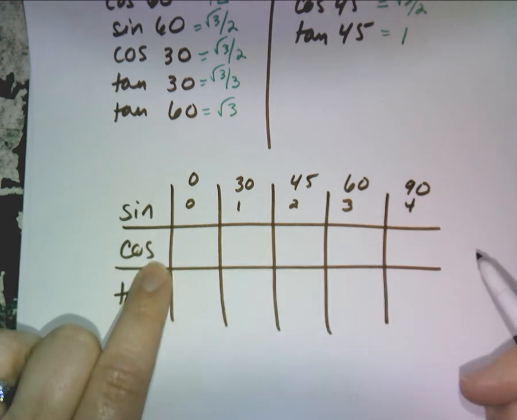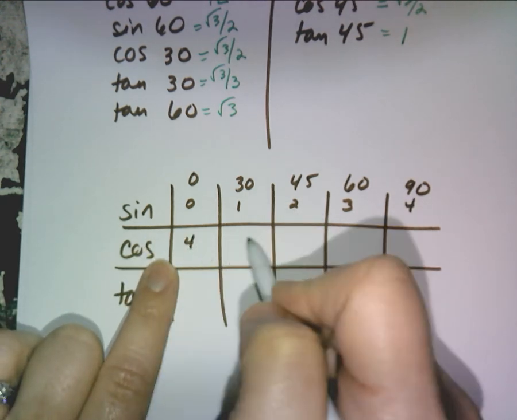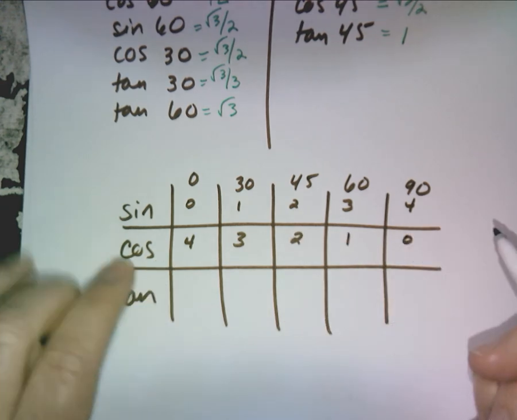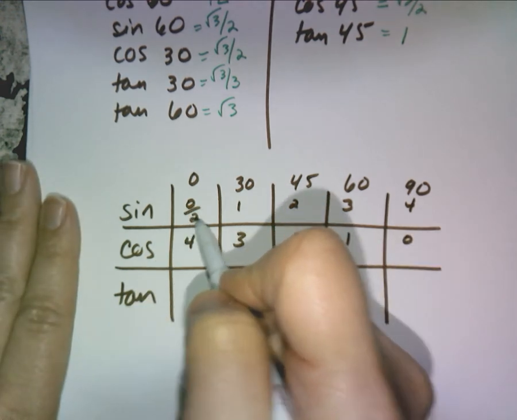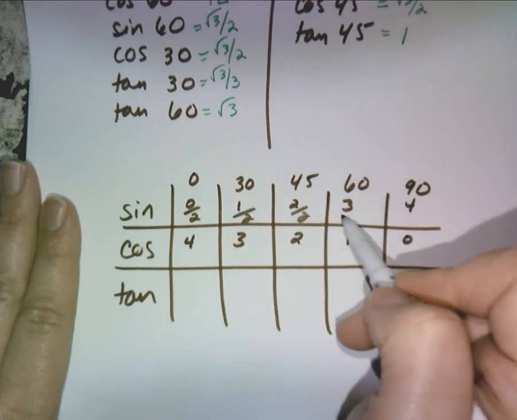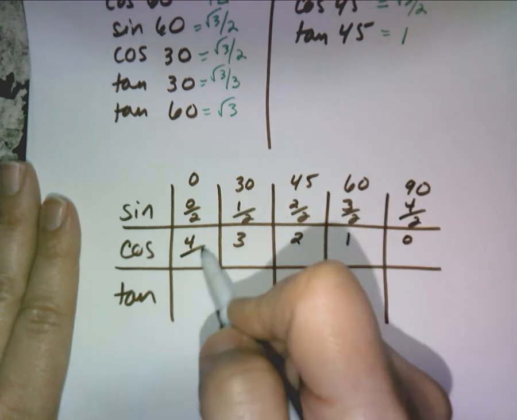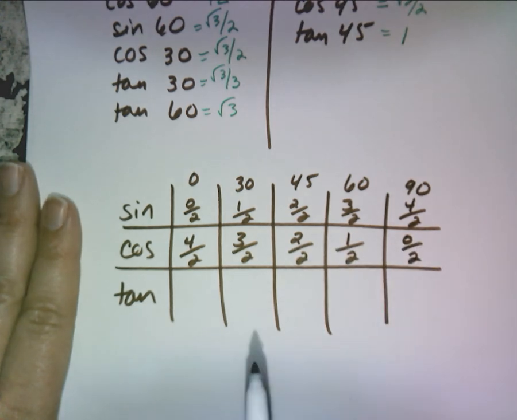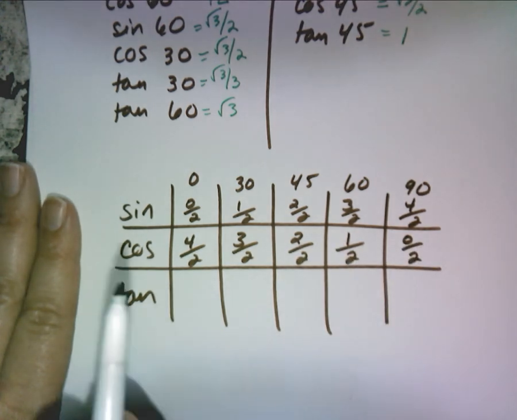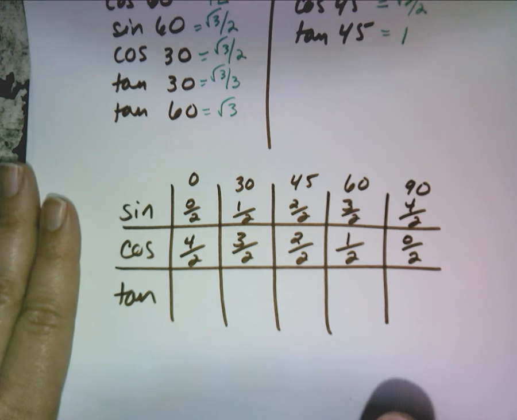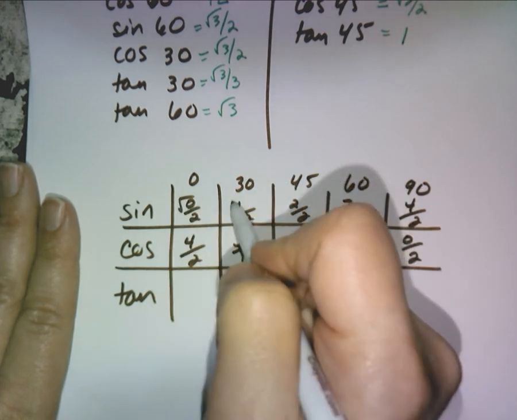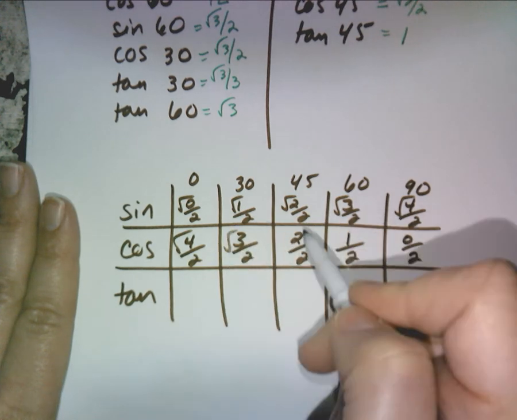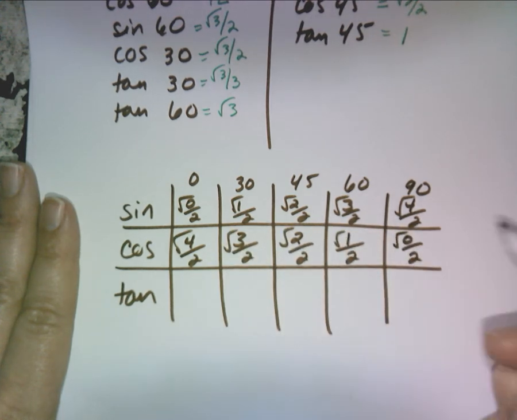And in the middle, you go backwards: 4, 3, 2, 1, 0. Put everything over 2. And then square root the top numbers only, all the way down.